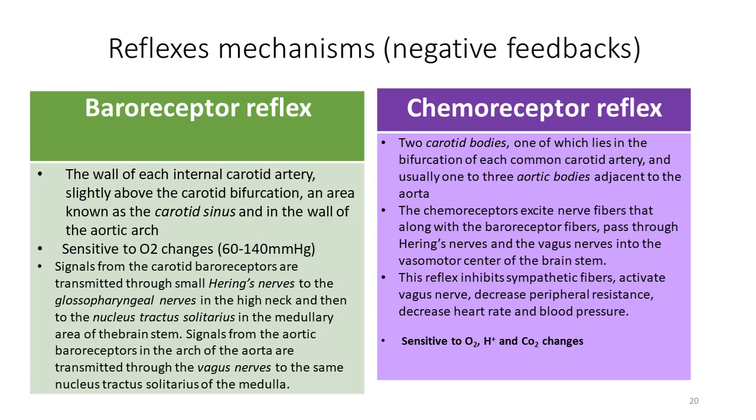This reflex inhibits sympathetic fibers, activates the vagus nerve, decreases peripheral resistance, decreases heart rate, and finally blood pressure. They are sensitive to oxygen pressure and especially sensitive to hydrogen ion and carbon dioxide changes.